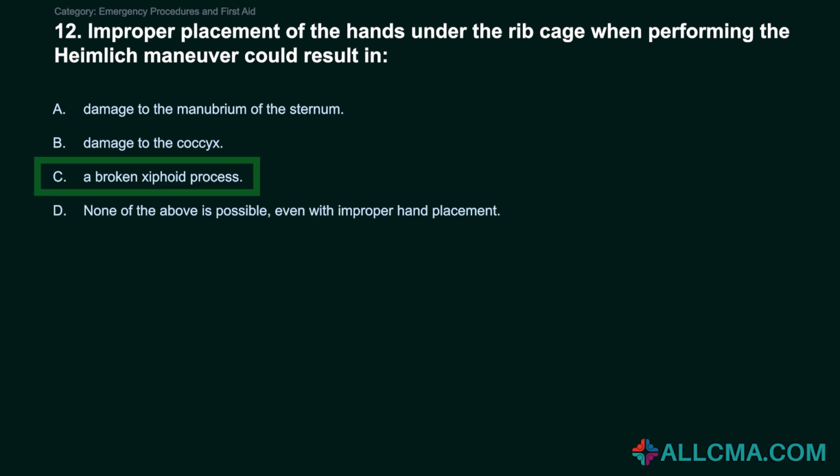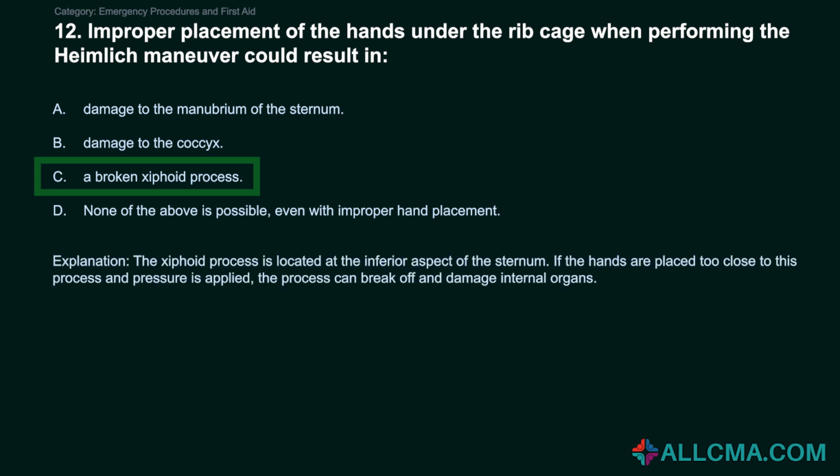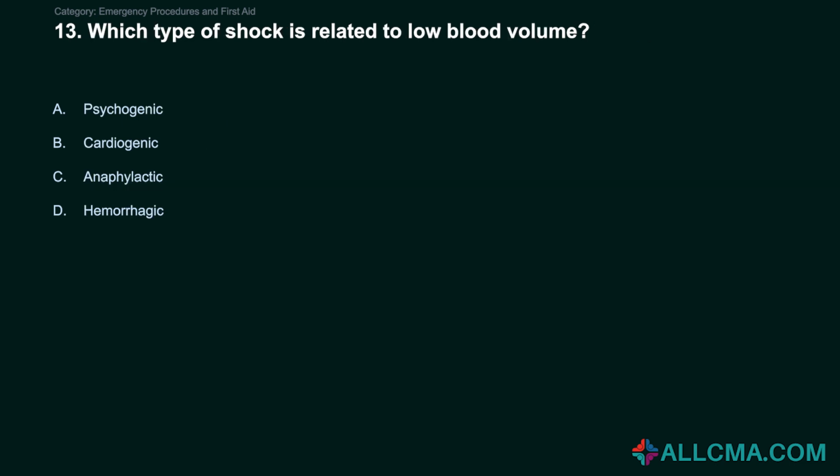Correct answer, C. A broken xiphoid process. The xiphoid process is located at the inferior aspect of the sternum. If the hands are placed too close to this process and pressure is applied, the process can break off and damage internal organs.